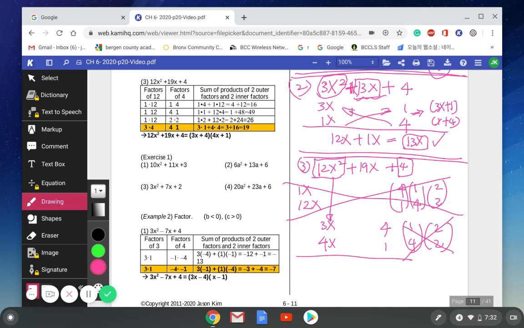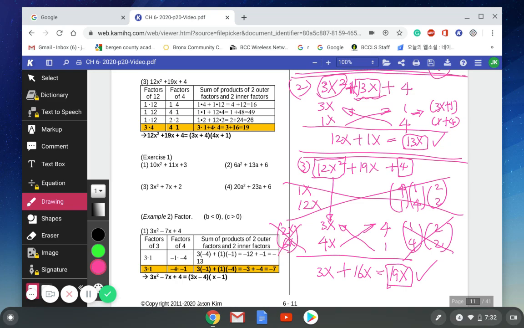So when I try 4 and 1, it makes a 3x when I cross multiply 1 and 3x, and 16x. 3x and 16x makes a 19x. Bingo. So 1x and 12x didn't work out. 2x and 6x and any of the combinations didn't work out either. 3 and 4 worked.